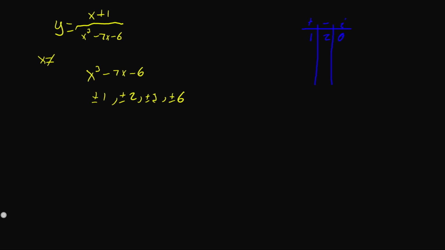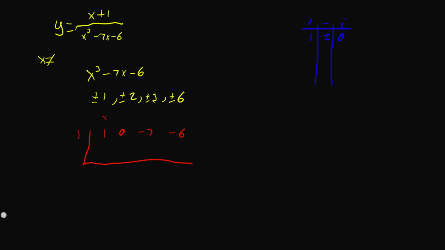So let's go ahead and test out x equal to negative 1. We're going to make our divisor, the term we're dividing by, and we're going to have 1 x cubed plus 0x squared minus 7 and minus 6.